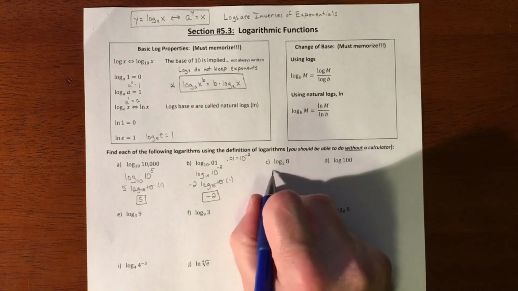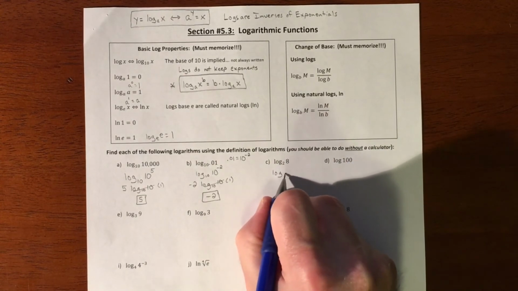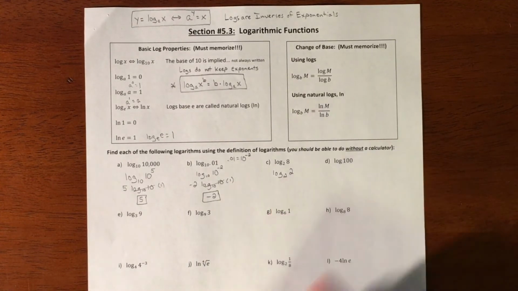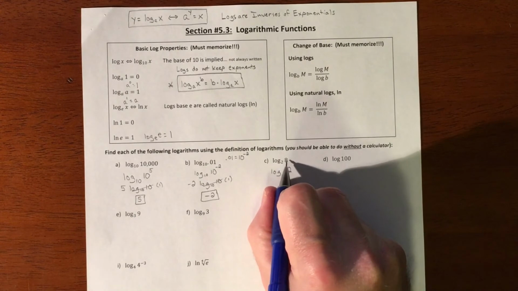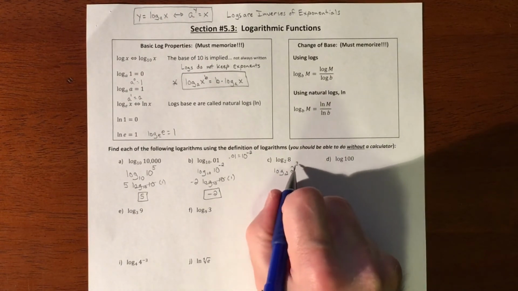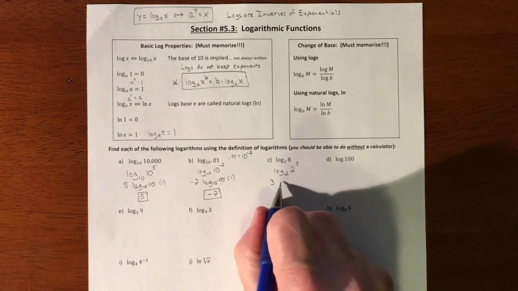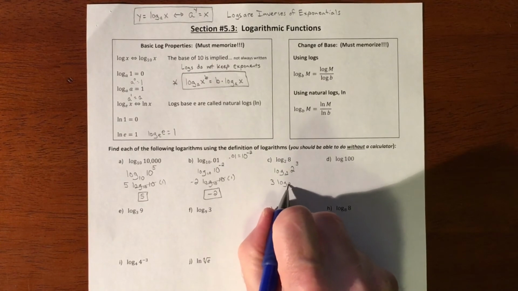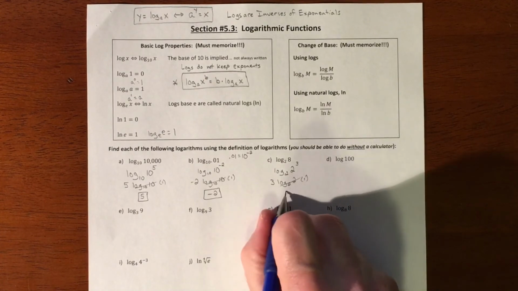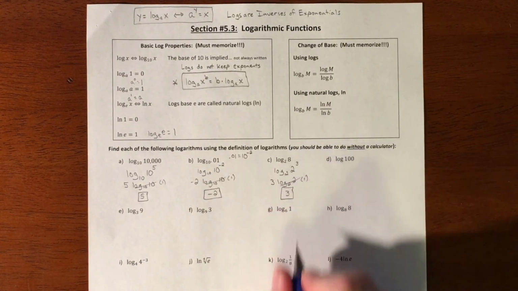Here, I'm instantly thinking I'm going to rewrite this as 2 to some power. Again, non-calculator is meant for this to work out. 2 to some power is going to get me an 8, and 2 to the third is going to make that happen. Bring the 3 in front. Then I have this property where that just becomes 1. So then I get a 3.